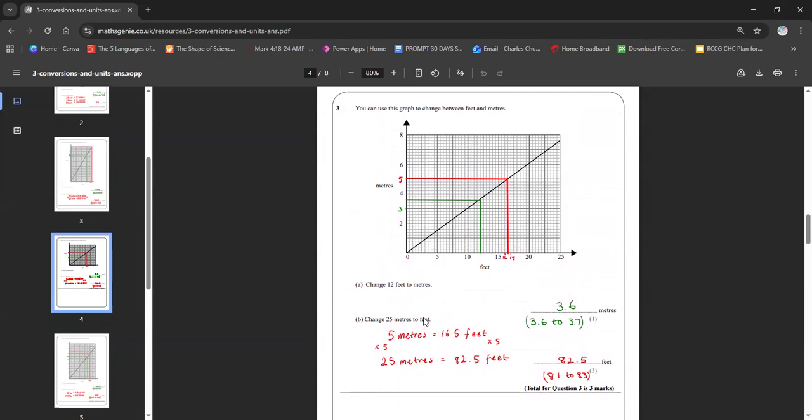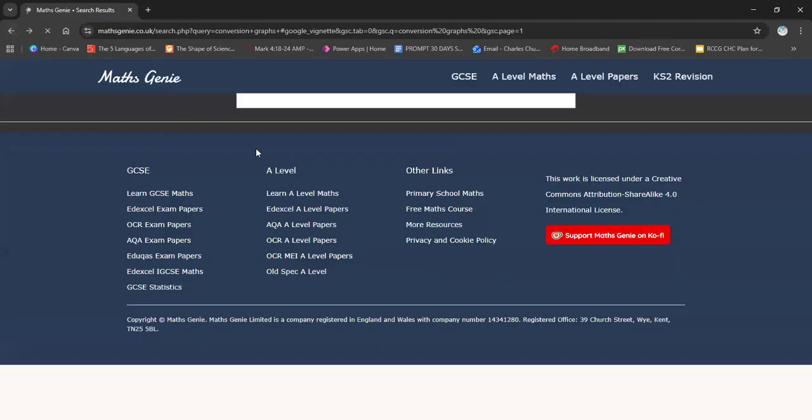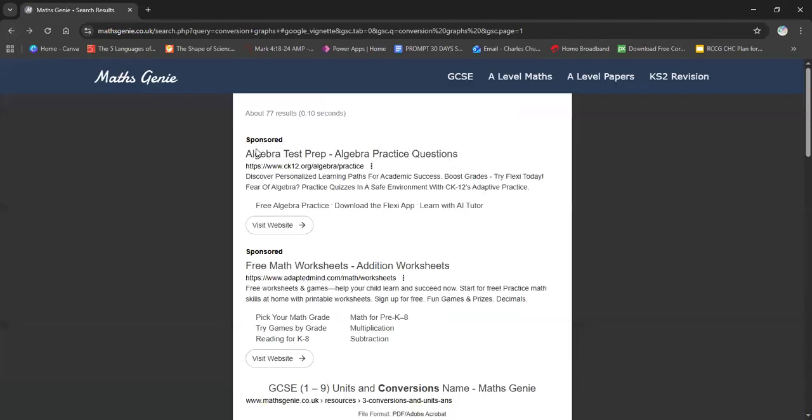Okay, so I think we've gotten some practice on these. Let's look for the ones that are called conversion graphs and see if we will by any chance find questions on those. Let me go back to where we can think.